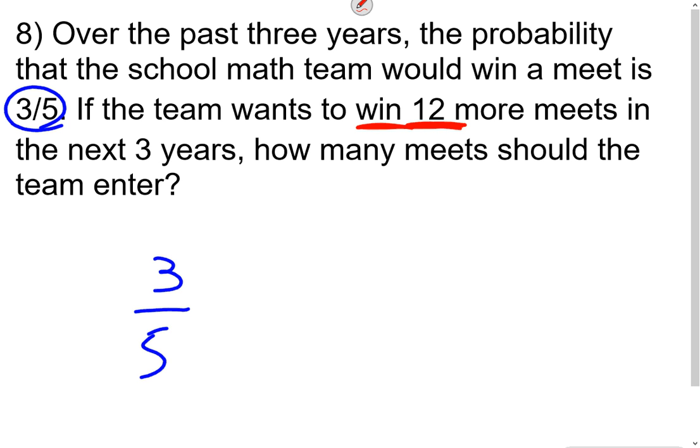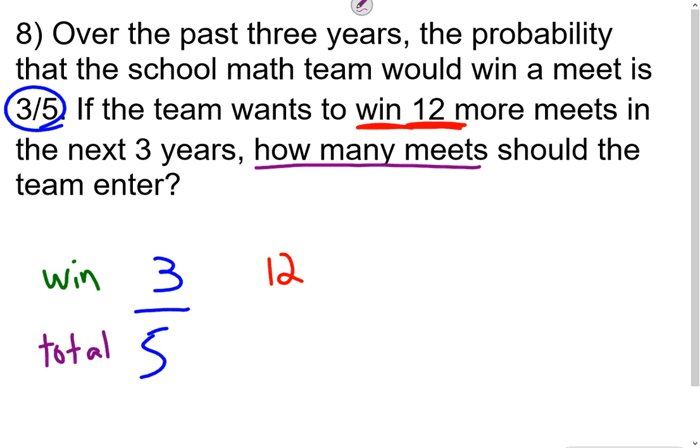Well, remember, we just said that the 3 was how many we win, and then the 5 was the total. So this number up here, 12 wins, is going to have to be our numerator.